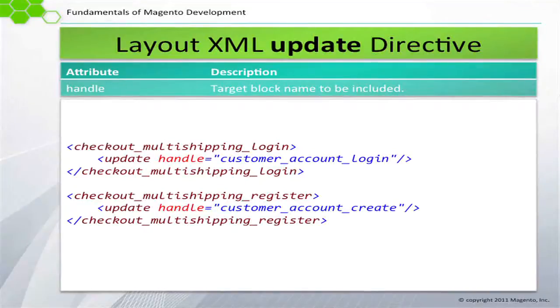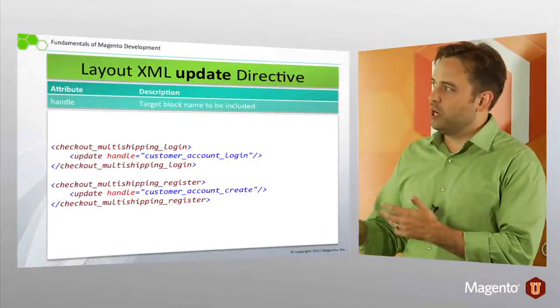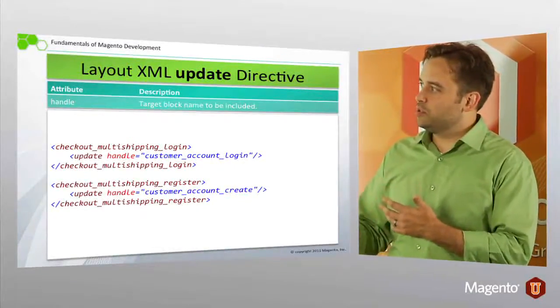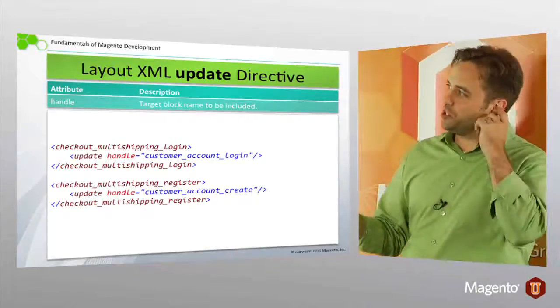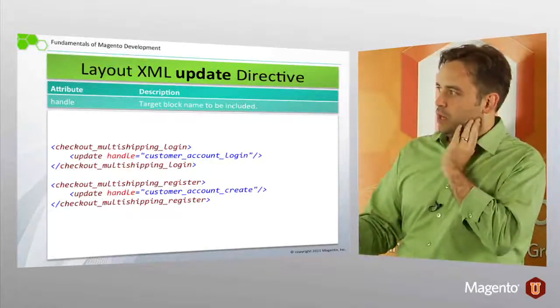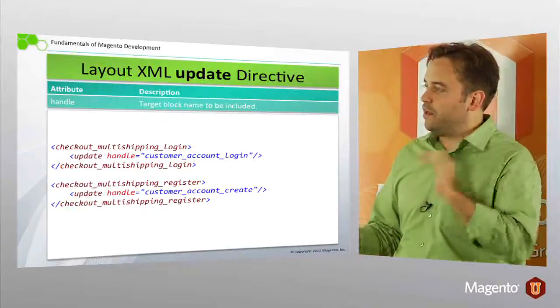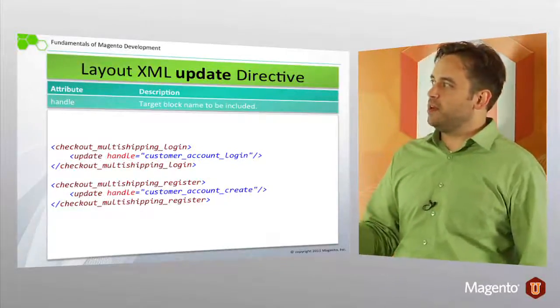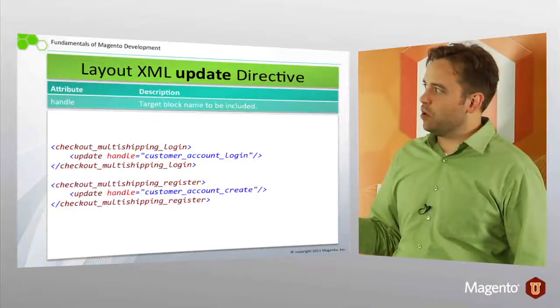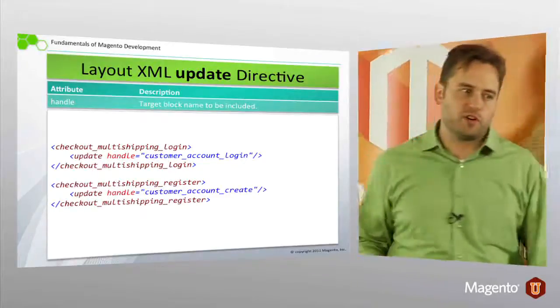Okay, that brings us to the last thing here. So update handle, this is a similar concept to reference. We're basically referencing another update handle. So here we see checkout multi-shipping login. Well, update handle customer account login. If I wanted to know what this meant, I would need to find customer account login and look at its instructions.